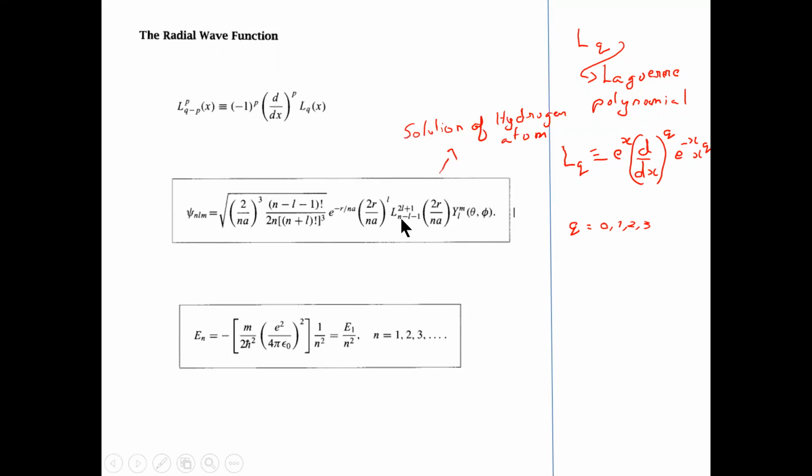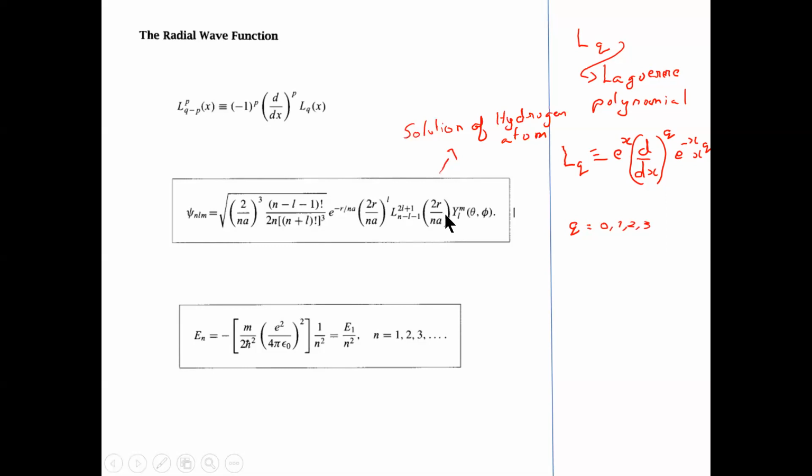Now this n is the principal quantum number. It is introduced in the course of solving for this associated Laguerre polynomial, where we introduce the integer n. And in the place of x, we have 2r divided by na.